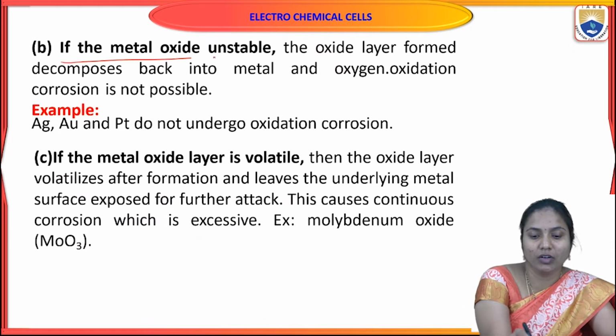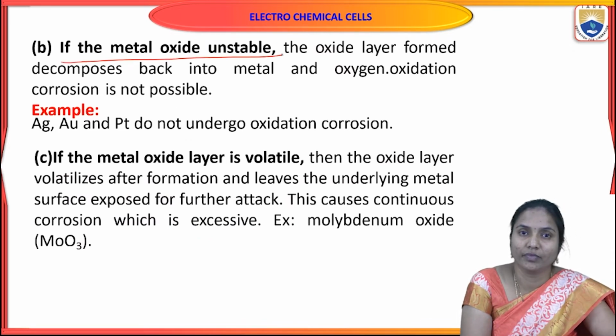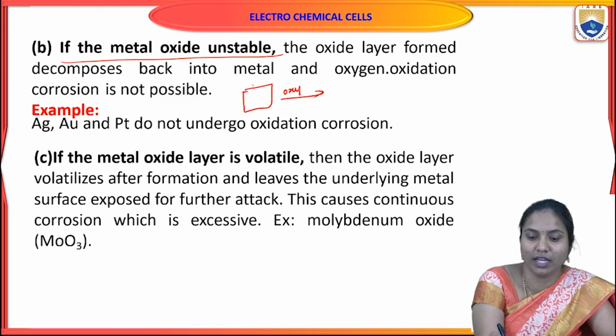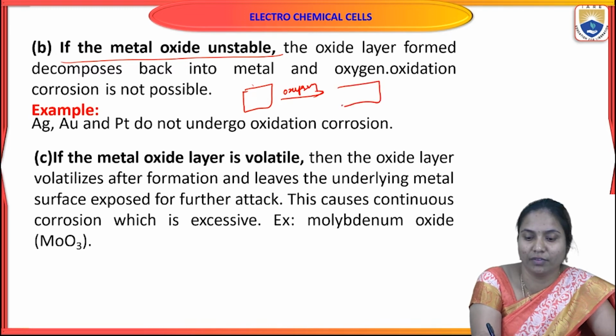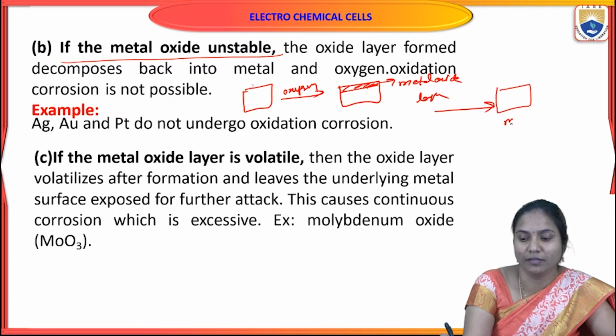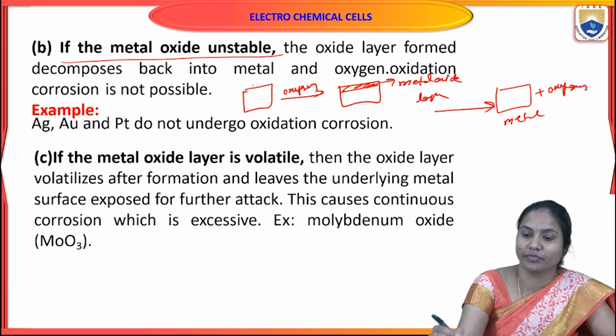If the metal oxide layer is unstable, for example, here is a metal which interacts with atmospheric oxygen and forms a metal oxide layer. But it is unstable, so it decomposes back into metal plus oxygen.